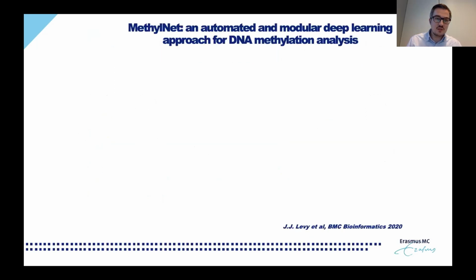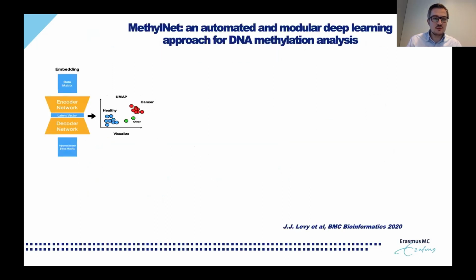Another example is methylation data. You can not only train for denoising, but also use the latent space, which is much smaller than your input parameters, to explore your data and apply methods like t-SNE or UMAP to see whether your network captures a specific pattern. In this example, the latent space represents clusters of healthy people and people with cancer.